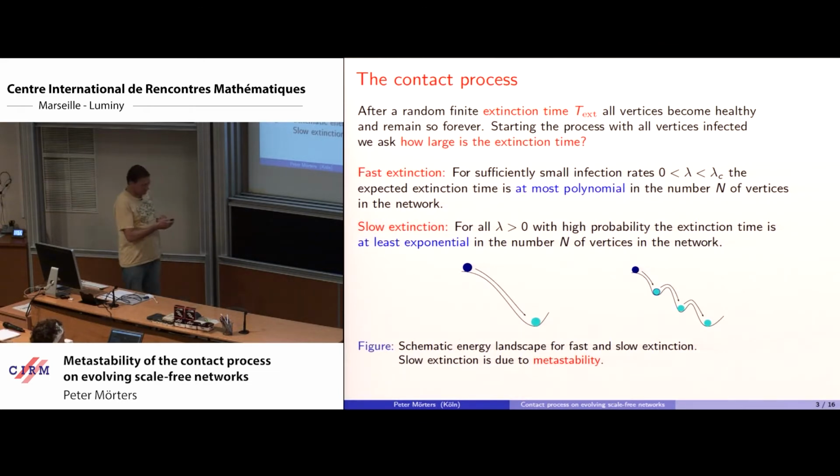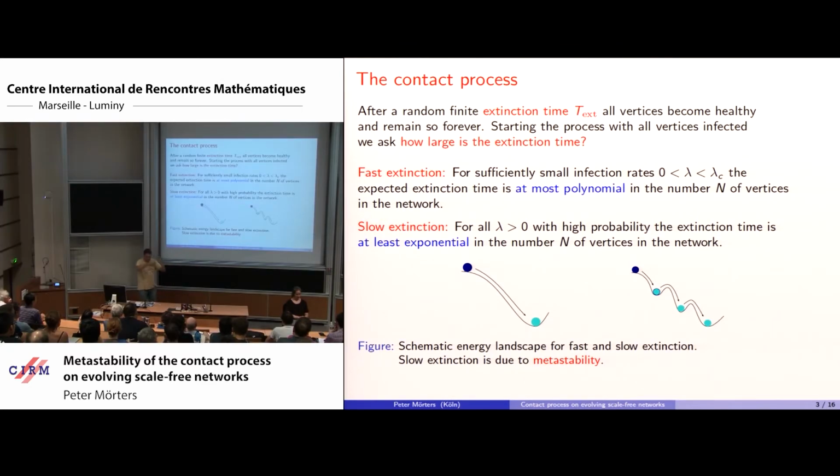Only when a very rare disaster happens, everything will collapse and the infection will die out. So that's the two scenarios, and we want to find out which of these two scenarios prevails.